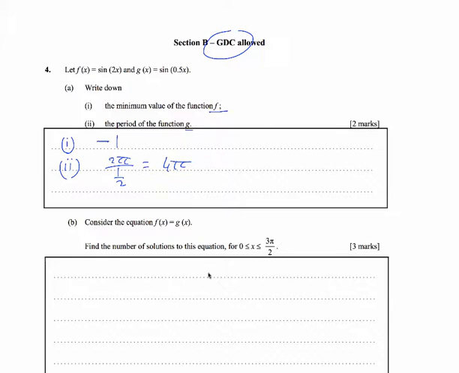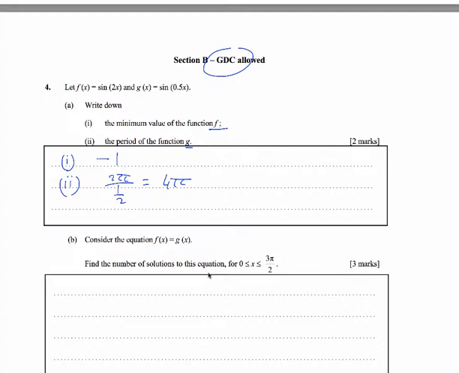Okay, consider the function f of x equals g of x. Find the number of solutions to this equation. So sine of 2x equals sine of 0.5x. All right, so I just need the number of solutions.